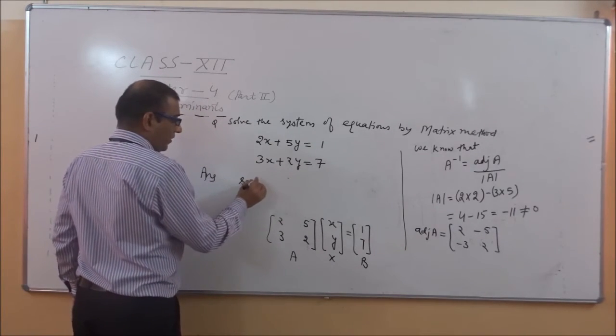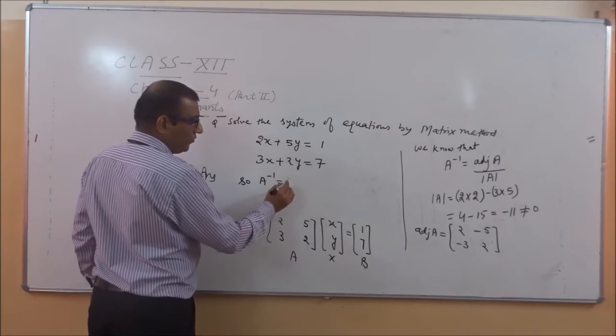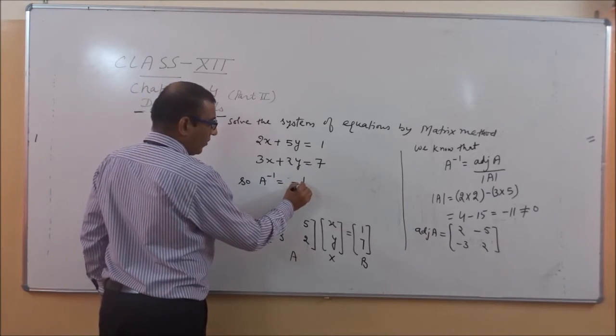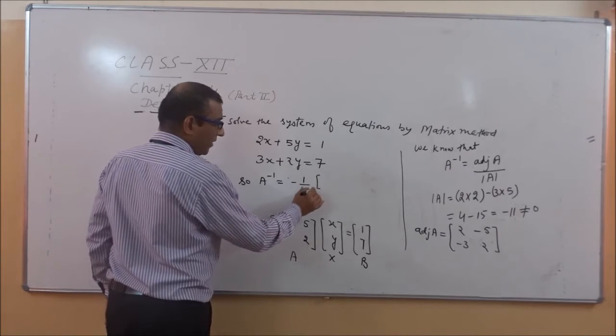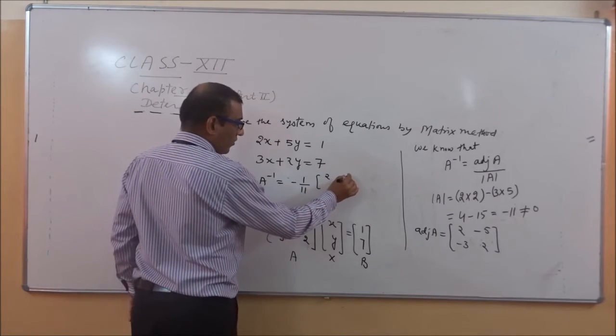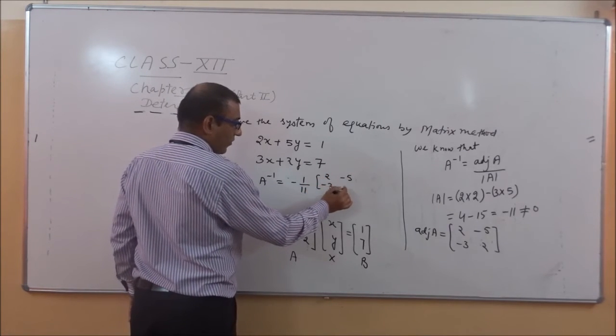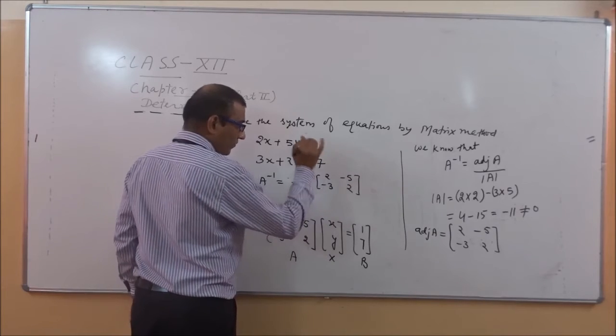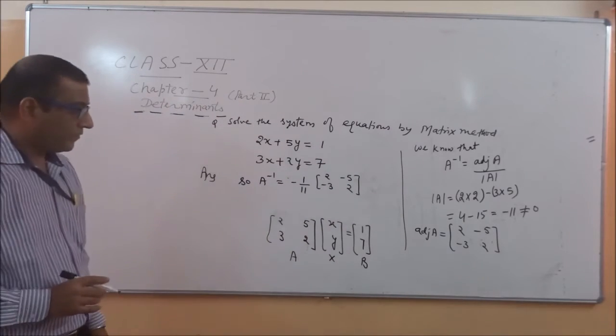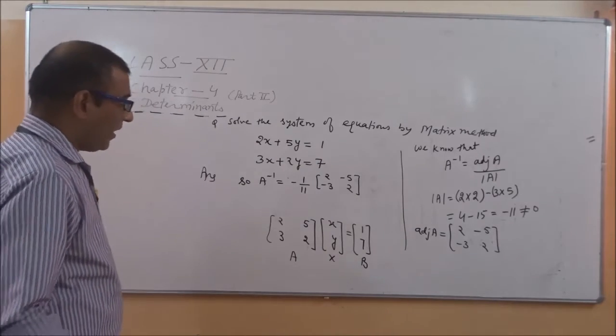So we can say A inverse equals to minus 1 upon 11 multiplied by 2, minus 5, minus 3 and 2. So this is the value of A inverse.